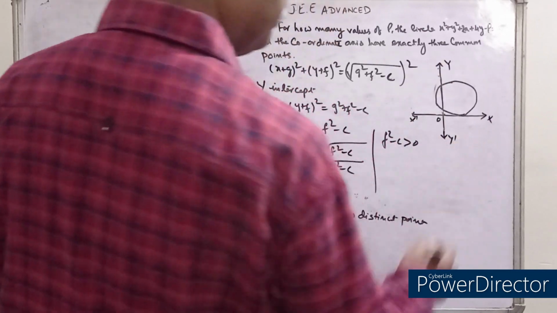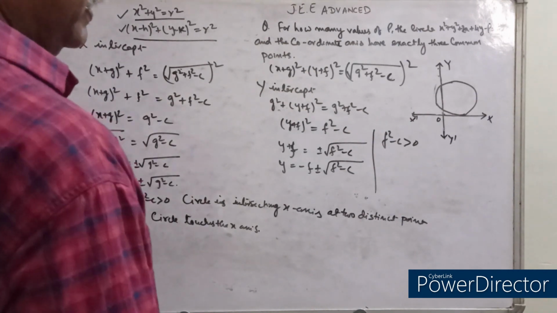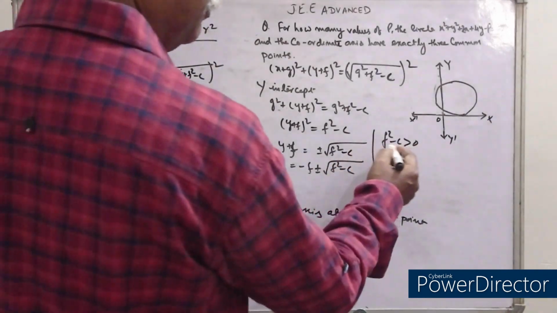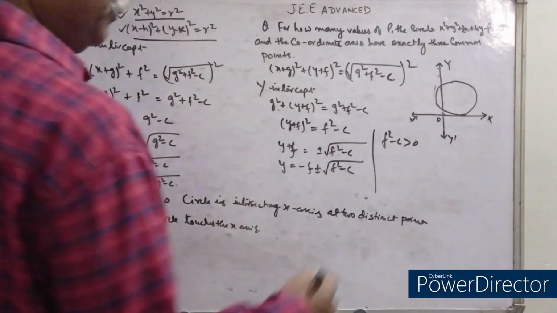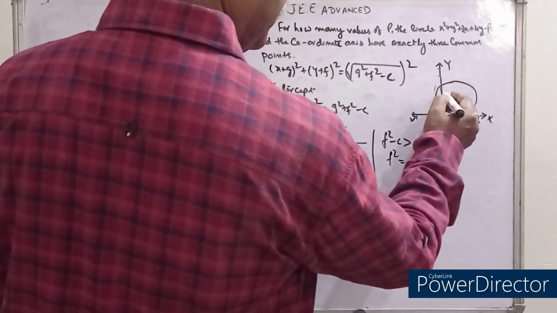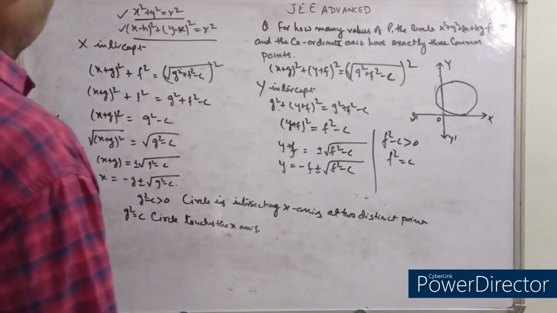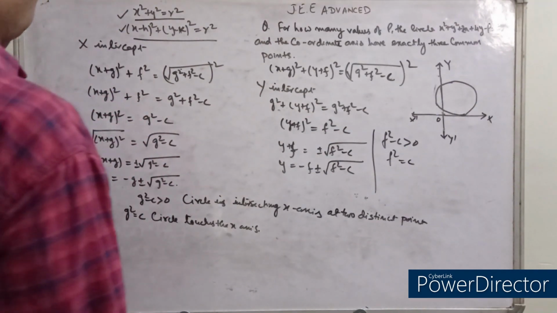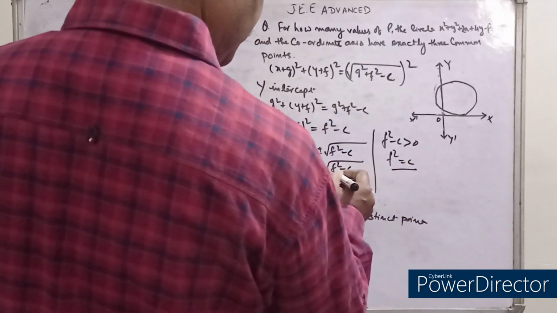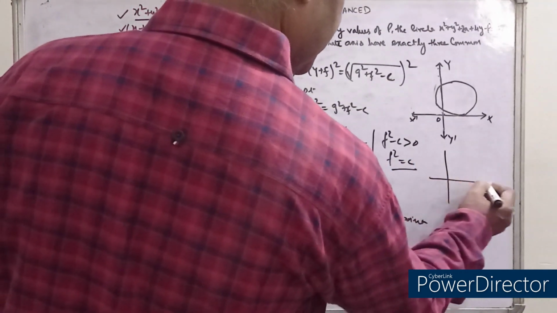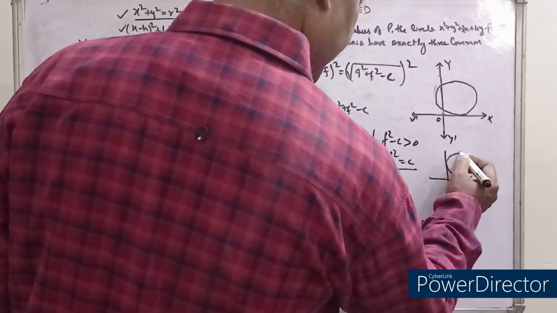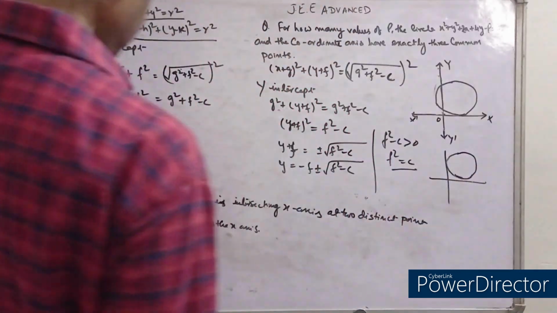Your circle will be intersecting the y-axis at two distinct points if this f² − c is greater than 0, and if your f² is equal to c, that means this is 0, that means your circle touches the y-axis.